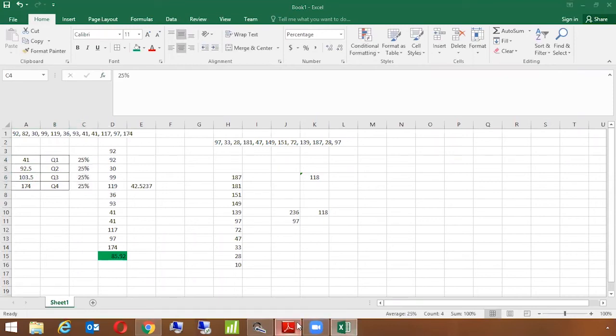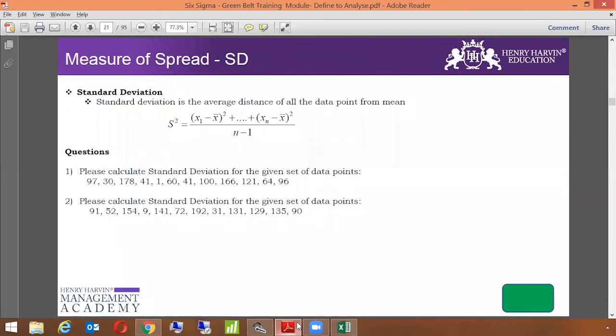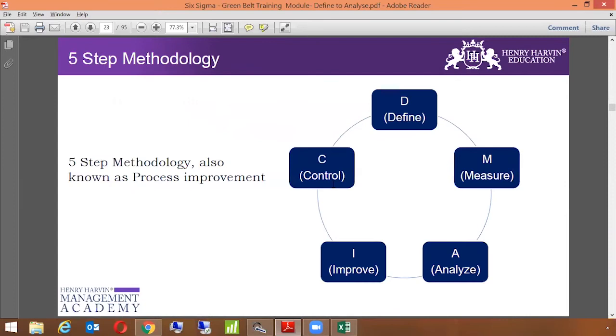Moving on. We have covered the basic stats now: mean, median, mode, standard deviation, range, and quartiles.